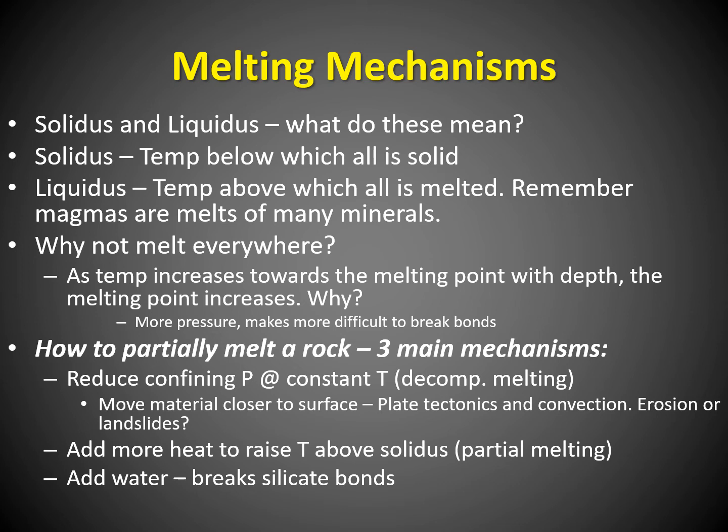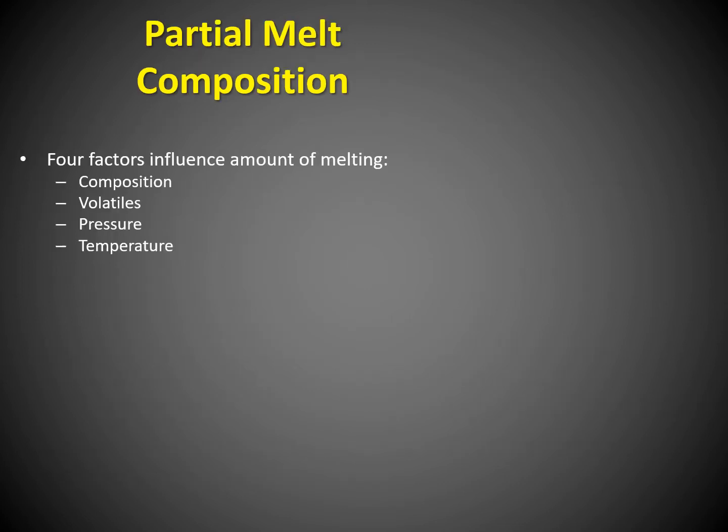It's already hot there, and if you lower the melting point, you can suddenly get melting. So that allows the silicate bonds to break and melting to happen. So those are the three mechanisms. We're going to come back to those here in a little bit.